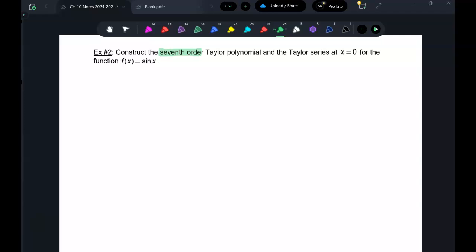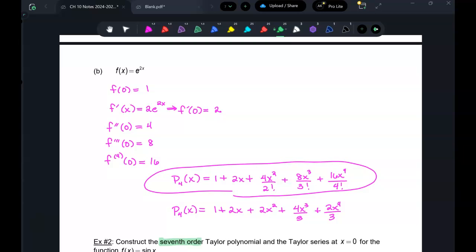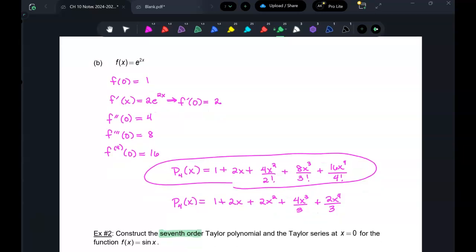If it's centered at 0, there's usually a shortcut. Like this previous one, there's an easy way to do this without this work. Just sometimes you can't, so that's why it's good practice to do that.